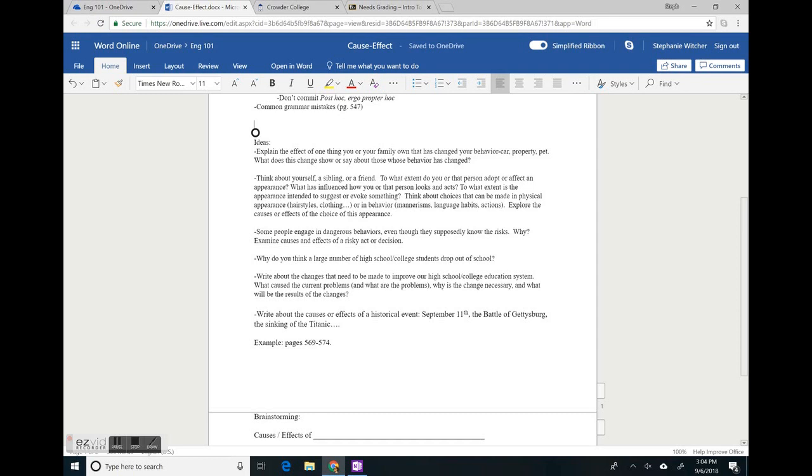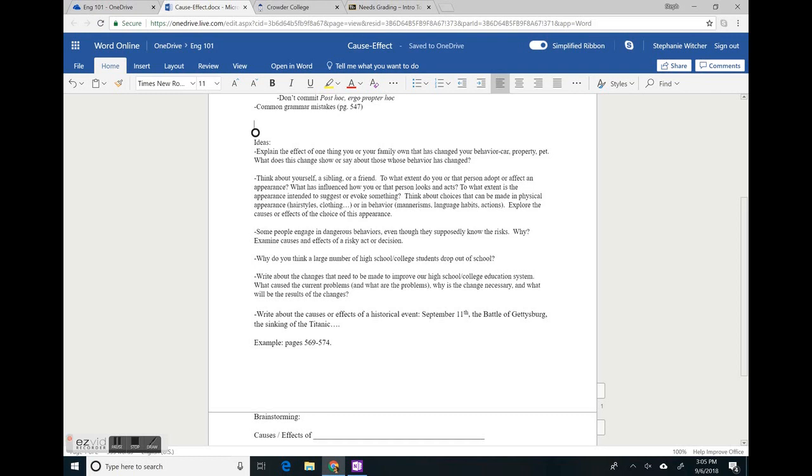So maybe that's a new car or a new house or a new pet or a new sibling, or maybe grandma and grandpa came to live with you. So the effect of some change on your family life, something that came into your family that has changed your family. And then your so what there could be, what does that say about your family that your behavior has changed?